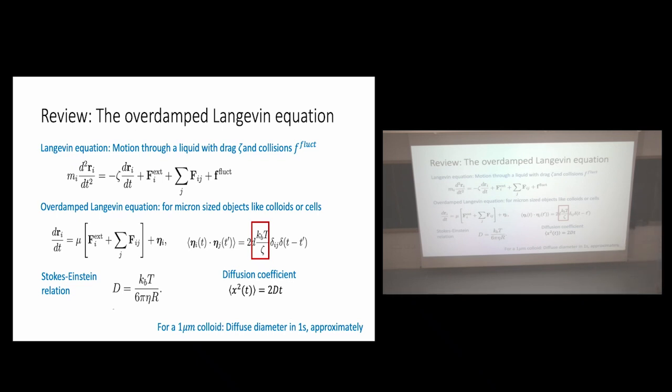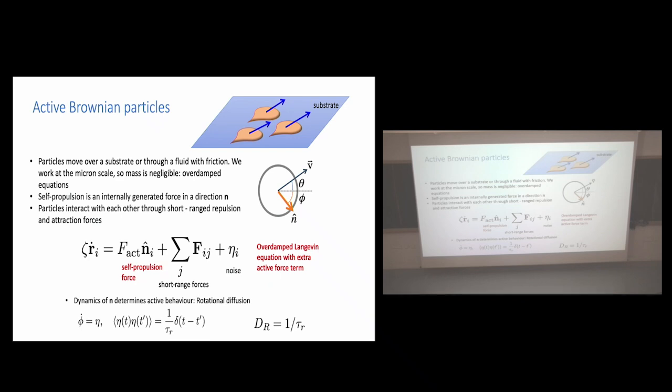So, for active Brownian particles, I'm going to assume that my colloids or my cells or my slugs or whatever they are, yes? Was there a question? No, okay. They move over a substrate such that there's friction with it, and self-propulsion. I'm going to write this as an overdamped Langevin equation in the same form I just had.